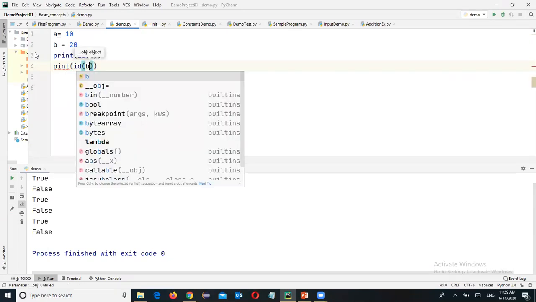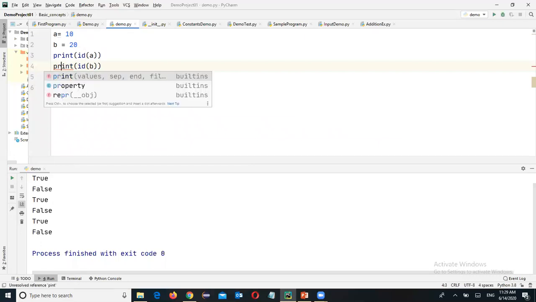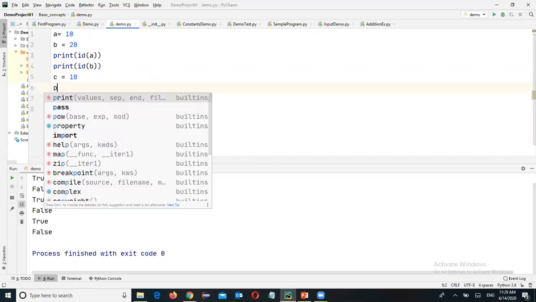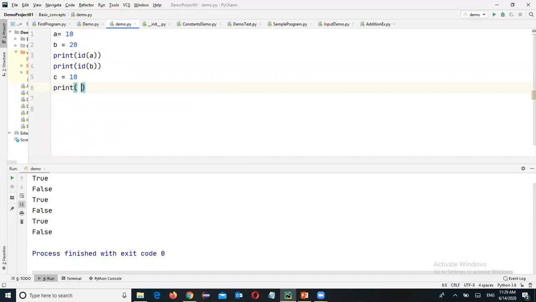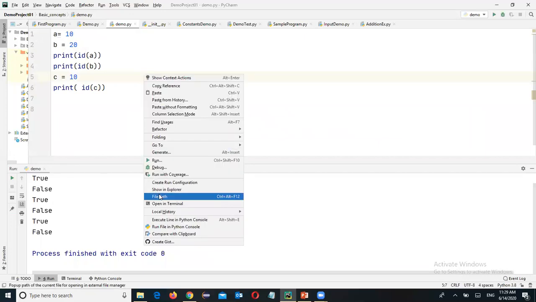Now what I am trying to do after this: I assign the value 10 to c. Then print id of c. Just observe what output I get.